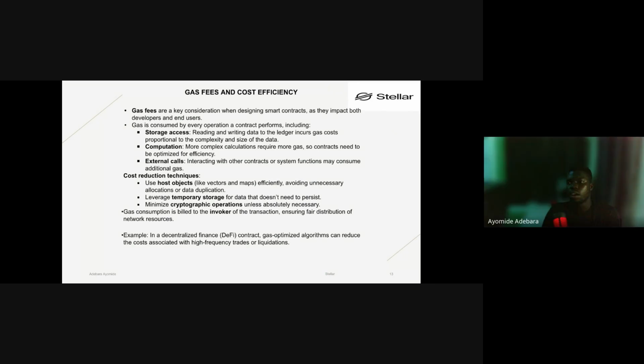Yes, from previous classes, I have explained the difference between Horizon and the RPC. The RPC is basically what you use to deploy your smart contract to the Stellar ledger. So thanks, Tim, for that.